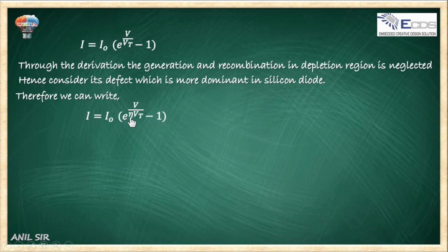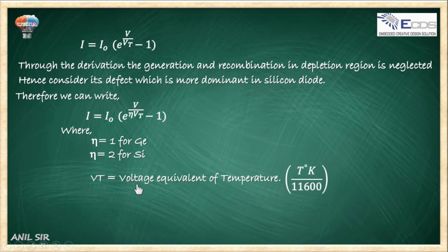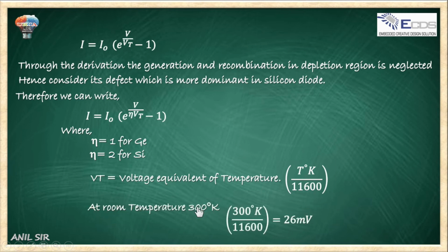So what does n represent? n is 1 for the germanium diode, and 2 for the silicon diode. Then Vt is nothing but the voltage equivalent of temperature, and it is calculated by the temperature in Kelvin divided by 11,600. So at room temperature 300 Kelvin, Vt value is nothing but 26 millivolt.